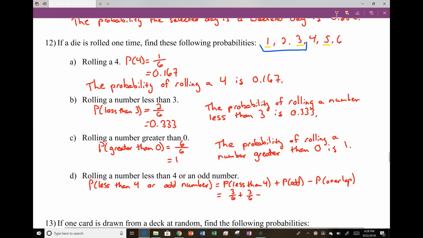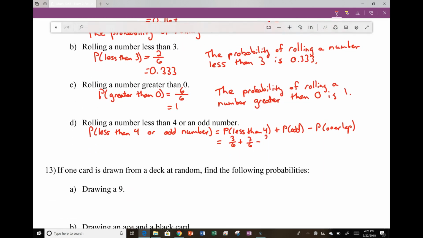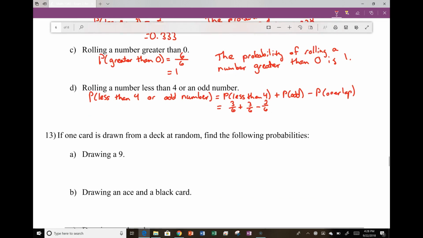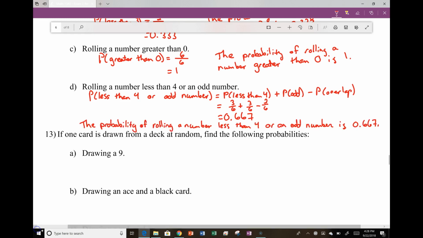But 2 of the numbers were counted in both, so I'm going to subtract out 2 out of 6. 3 plus 3 is 6, minus 2 is 4. 4 out of 6 gives me 0.667. So the probability of rolling a number less than 4 or an odd number is 0.667.